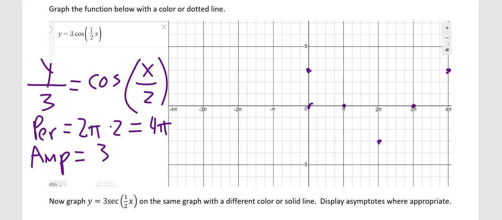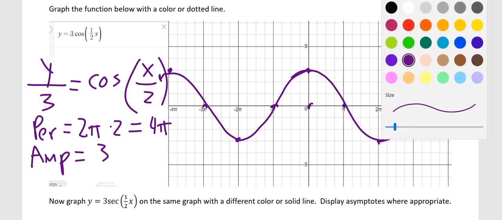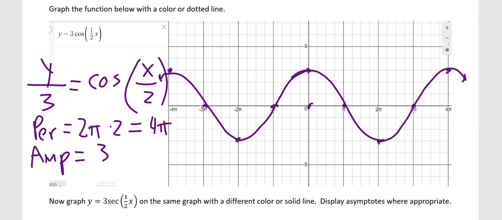And duplicated on the left. Should have that. We should have 2 cycles. That's all we could fit on this particular graph.